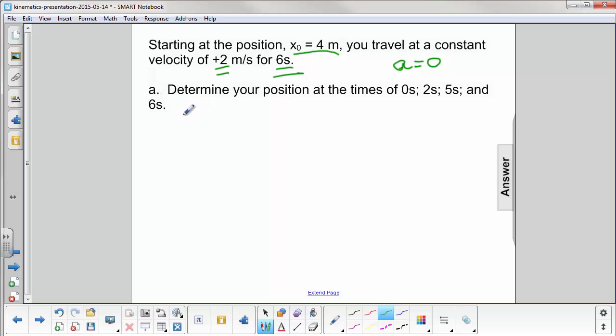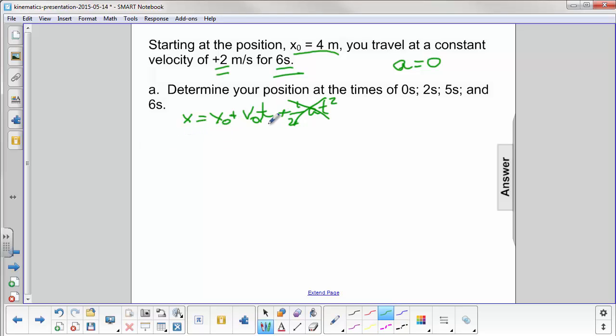So let's look at the equation we're going to use to find position. It's x equals x0 plus v0t plus 1/2 at squared. Okay, there's no acceleration for this problem, so this term gets wiped out.